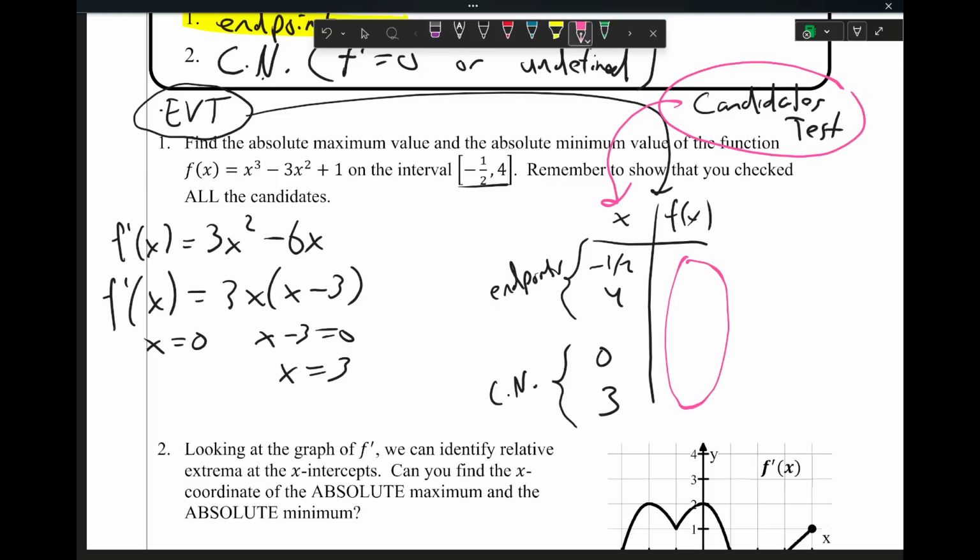I want to know the points. So I could plug 0 into the function, and I know its y value. I could plug 3 into the function, and most of these are not too bad without a calculator, but I know I'm going to want to put the -1/2 in there anyway, so I'll just use my calculator.